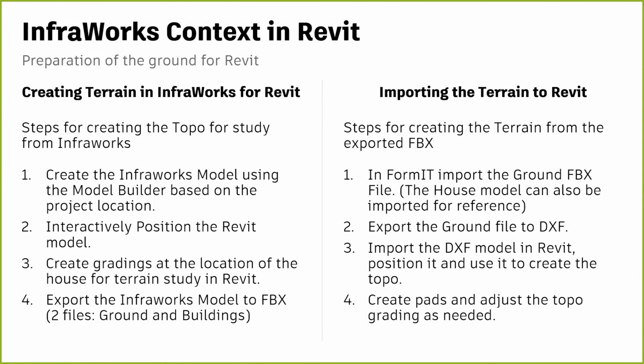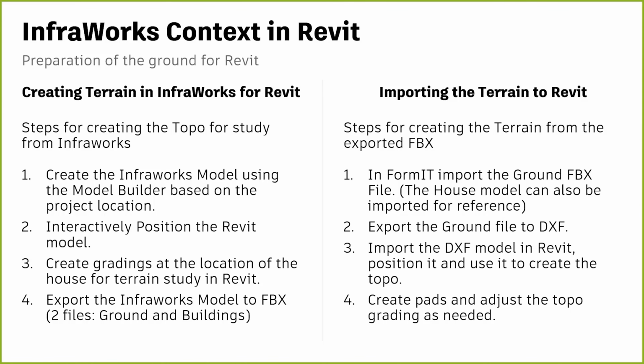I'm going to go through the steps of the InfraWorks context that we created to be used in Revit. That was prior to sharing it with Matt. That was when at first we wanted to test the location and then see if it works for the project. We started by creating the InfraWorks model using the model builder based on the project location.